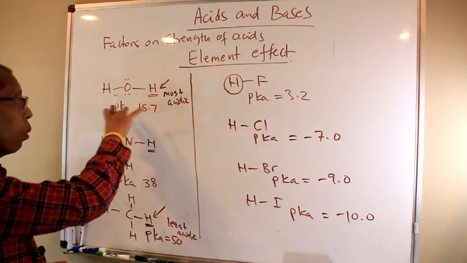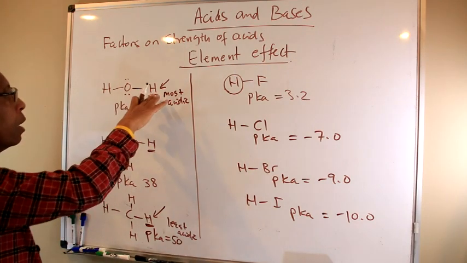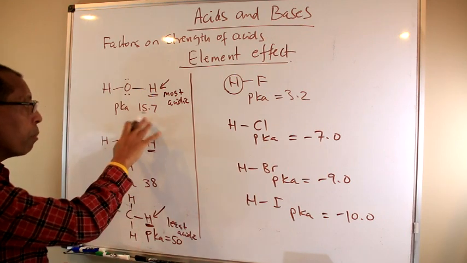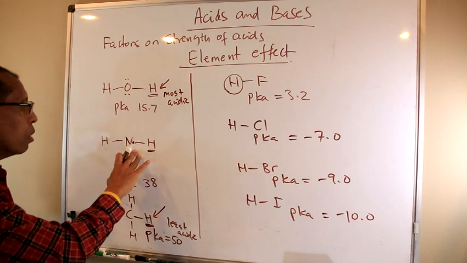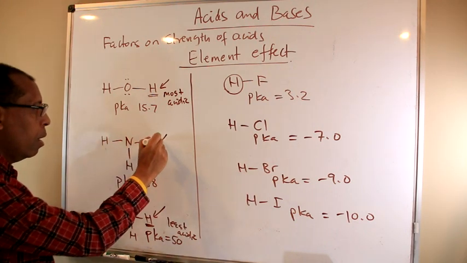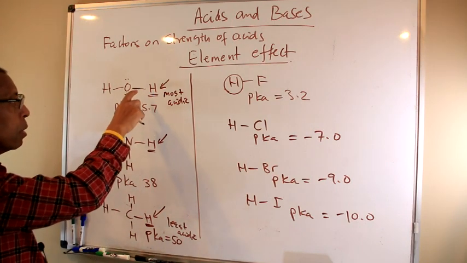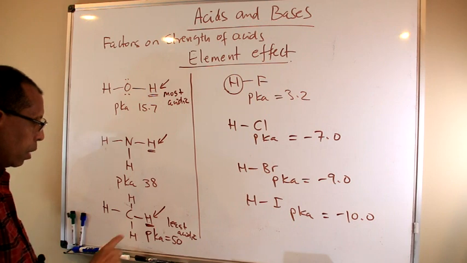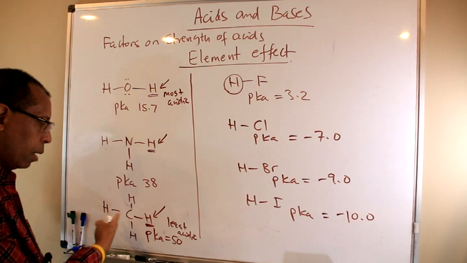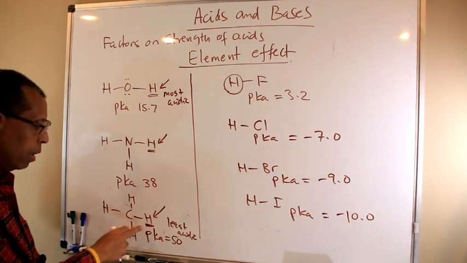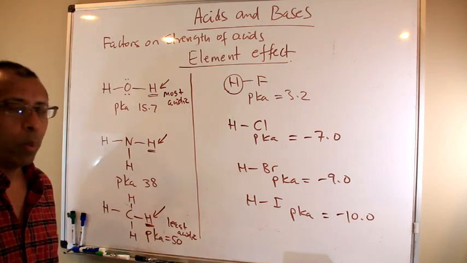So relatively, for water, hydrogens that are attached to oxygen usually have pKa values around 16, 15.7, etc. For nitrogen, the hydrogens have a pKa value of 38, so they are weaker acids than a hydrogen that is attached to oxygen. In carbon, obviously, something which is attached to a carbon, especially an sp3 hybridized carbon, the pKa value is very large. That means the least acidic one.